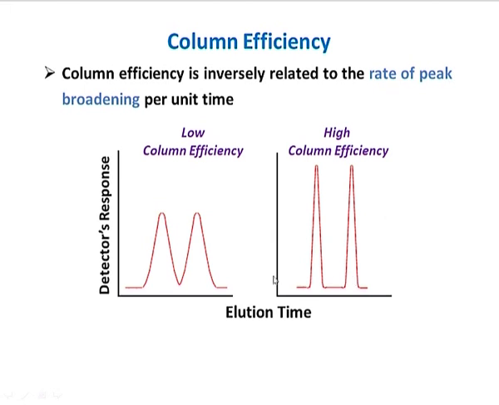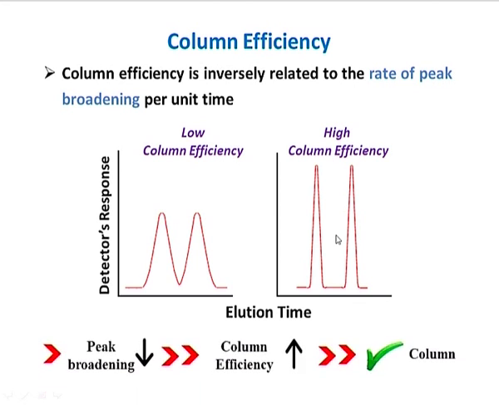Hence, it is obvious we could see in the first case the column efficiency is low in comparison to the second image, where column efficiency is high. Hence, what can be inferred is lesser is the peak broadening, higher is the column efficiency, and better is your column, or better is that separation experiment.